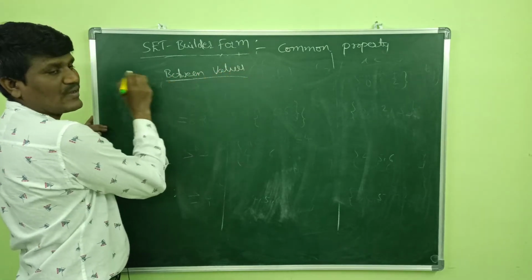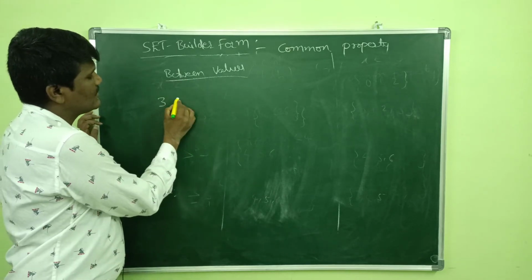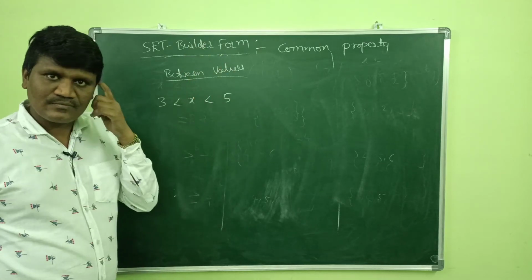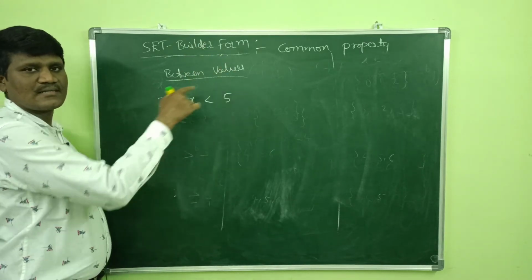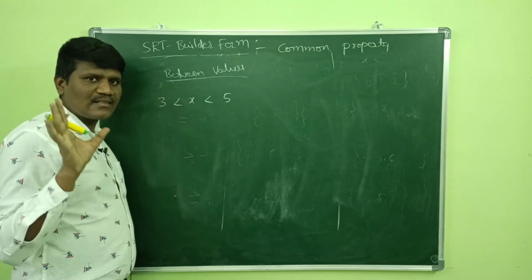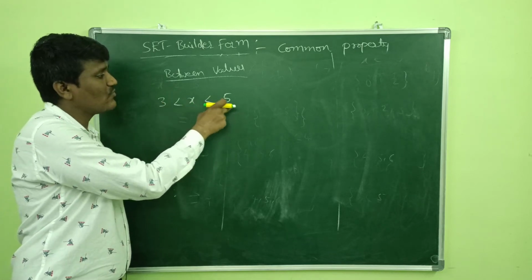The symbol for between is, suppose I take 3 less than x less than 5. This is the symbol for writing the between values. Between values of what? 3 and 5.